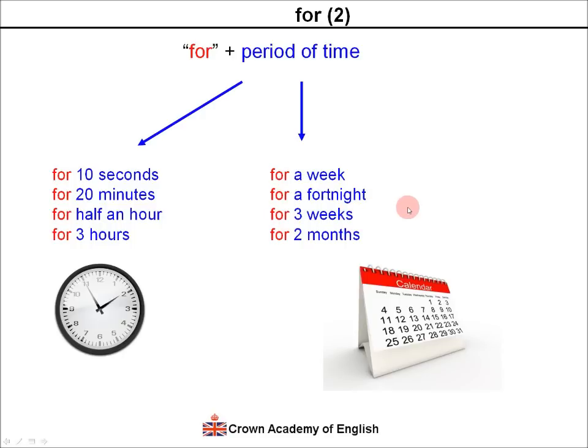For 3 weeks, for 2 months. For 3 years, for a decade, for a century. A decade is 10 years, and a century is 100 years. So these are all examples of periods of time that we can use with the word for.